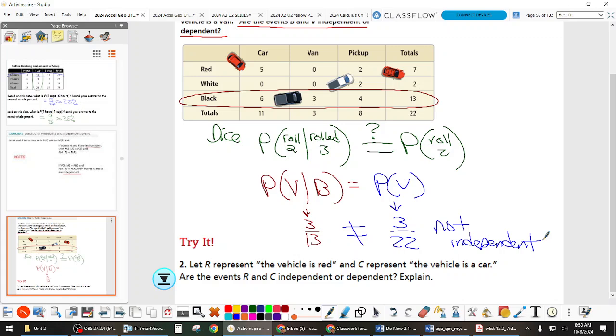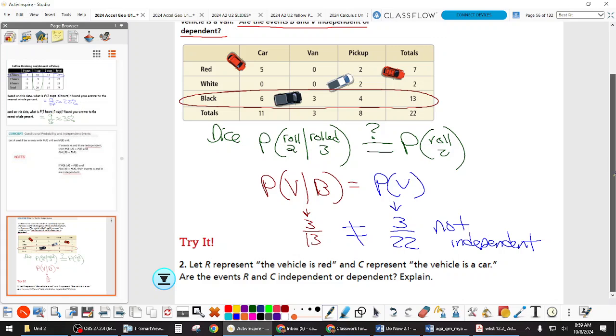Dependent. If I know the vehicle is a van, does that affect whether it's black or not? Yes, it does. Or vice versa: if I know that it's black, does that affect whether it's a van or not? Yes.